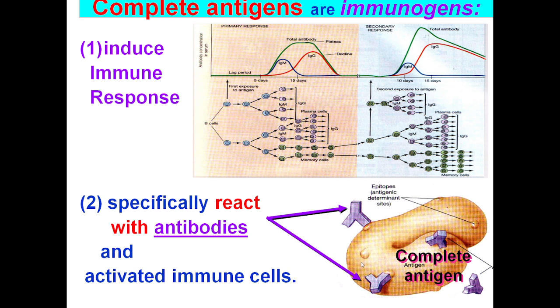You see that complete antigen must have a high enough molecular weight, 10 kilodaltons or more, and this molecule, if it's non-self, may stimulate induction of the immune response. In the upper right part of the slide, you see drawing consisting of two parts. Upper part demonstrates curves in the graphs of the immune response development.